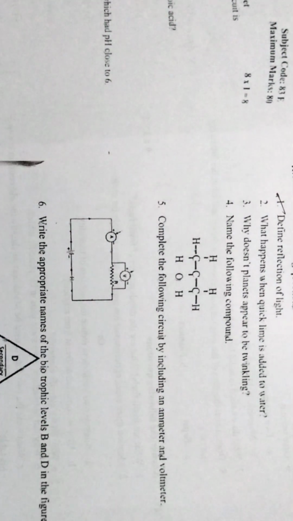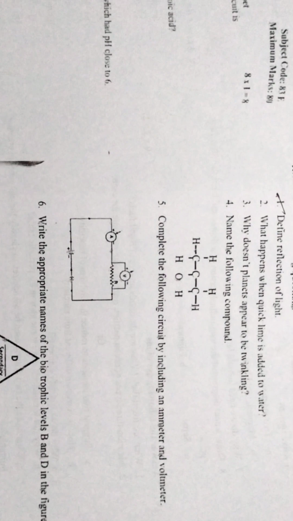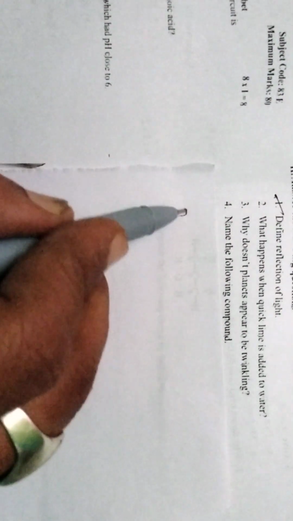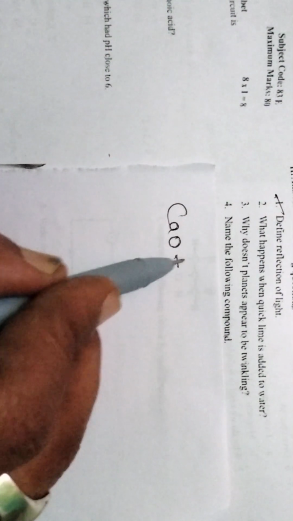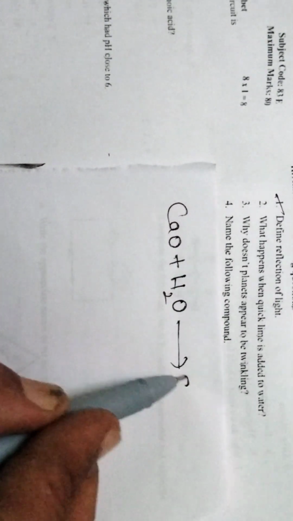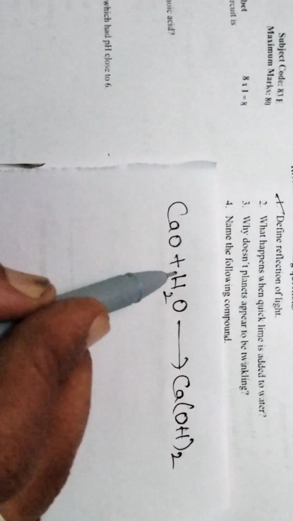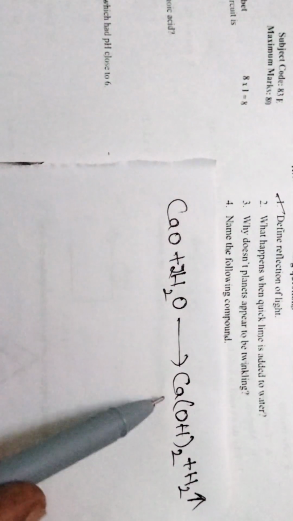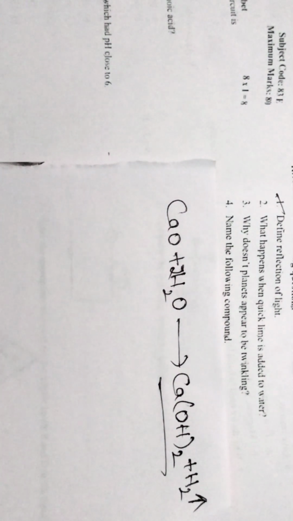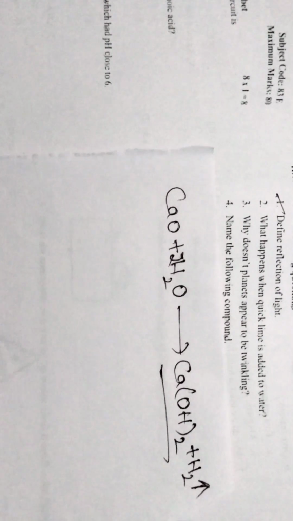So the correct equation is CaO, that is calcium oxide, when put into water, forms Ca(OH)2. CaO plus H2O gives Ca(OH)2. So this is called calcium hydroxide, which we call slaked lime, lime water.